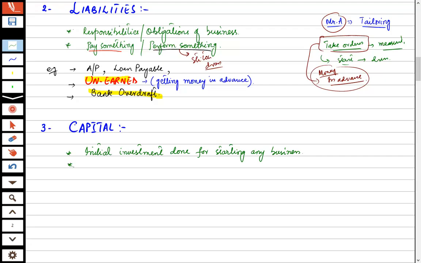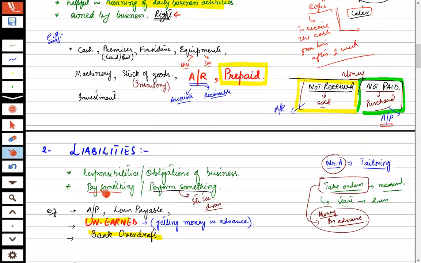The second point for the capital is that capital can be in any form of assets, except a few that we will discuss. Premises can be capital, equipment can be capital, stock can be capital, machinery can be capital. The first investment itself is known as capital.